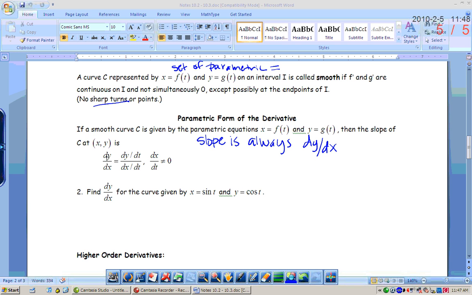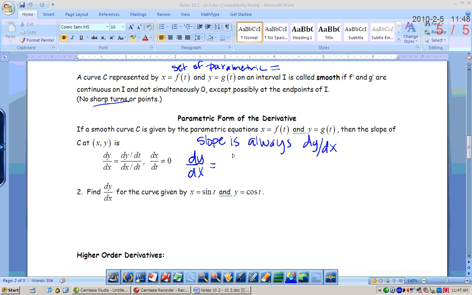But when you take the derivative of y, if your equation is in terms of t, then that's going to equal dy/dt. And when you take the derivative of x, if your independent variable is t, then that's going to give you dx/dt.